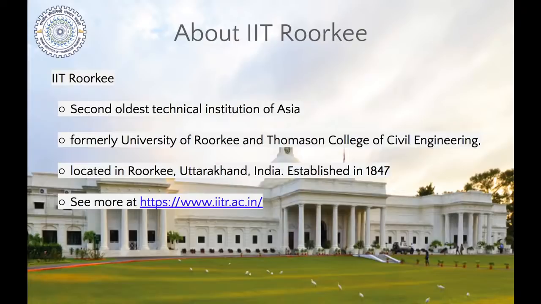It is located in Roorkee, that's why the name, which is in Uttarakhand, India. It was established in 1847, which is way, way old. It started as a civil engineering workshop and then evolved into a civil engineering college, and that's my alma mater as well.